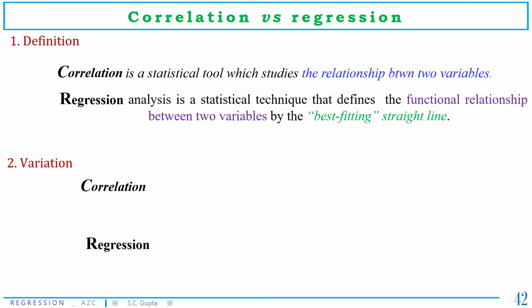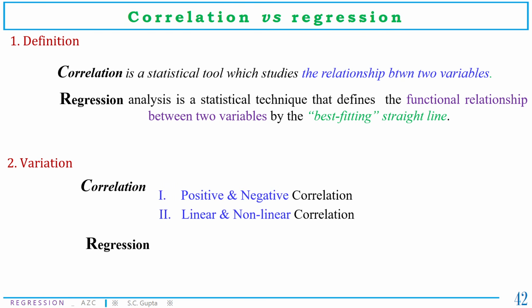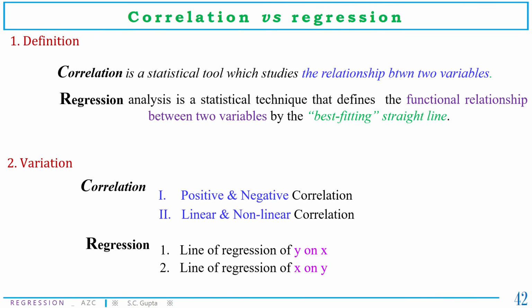Variations available in correlation are positive and negative correlation, linear and nonlinear correlation, while in regression analysis they are line of regression of y on x and line of regression of x on y.